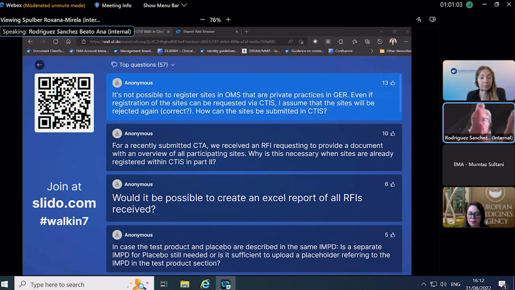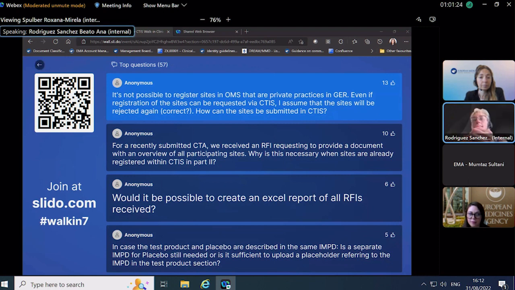Currently you can log in to CTIS and search in OMS, and if you don't find the investigational site in OMS, you can create that site in CTIS and submit that form to OMS for validation, and then you can proceed with the preparation of the application.